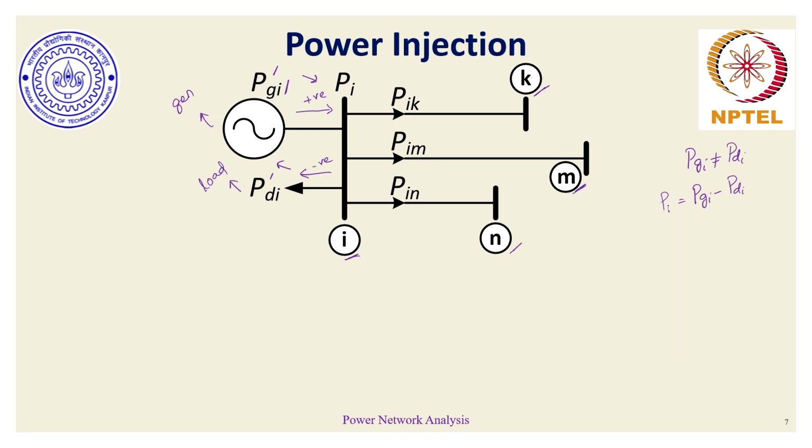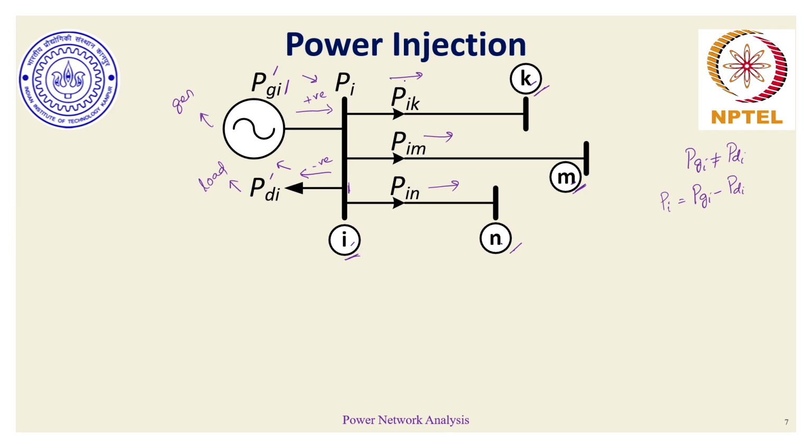It has to go somewhere, because power, like energy, cannot be created or destroyed. There is no other storage device which we are considering. So this power has to go somewhere. It cannot be stored at the bus itself, because the bus is not a power storing device. So this power actually goes to neighboring buses through these transmission lines, which are marked as i-k, i-m and i-n.